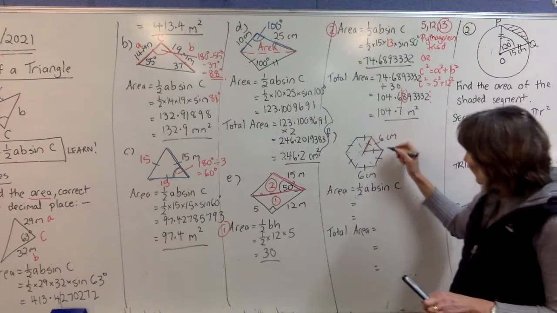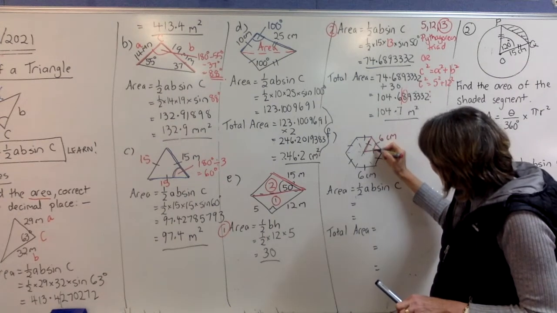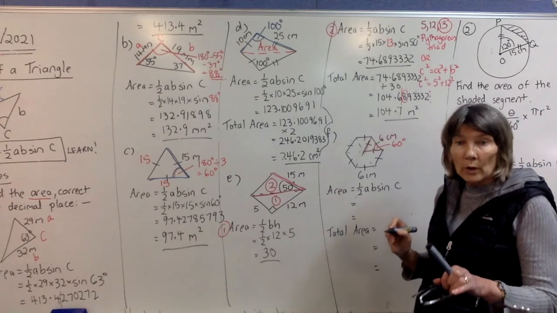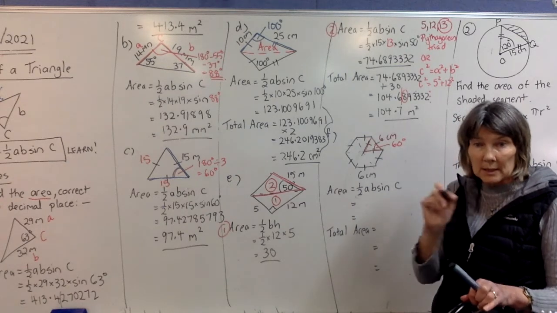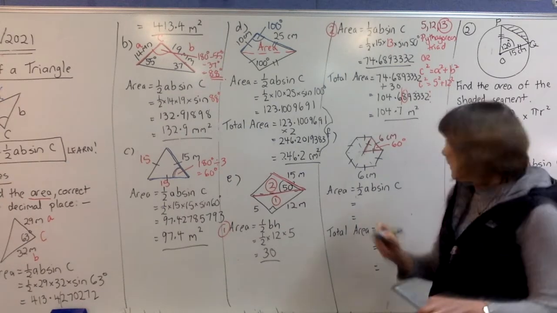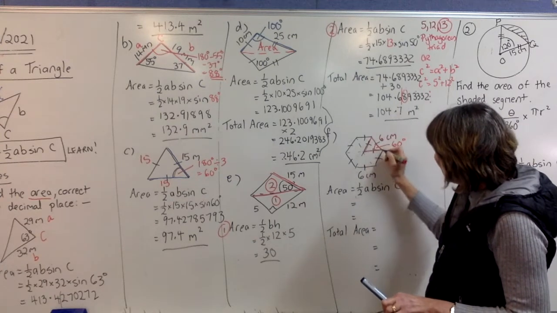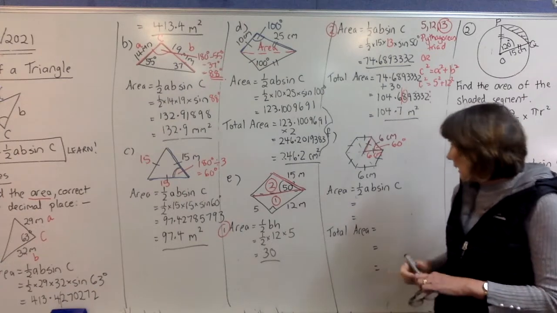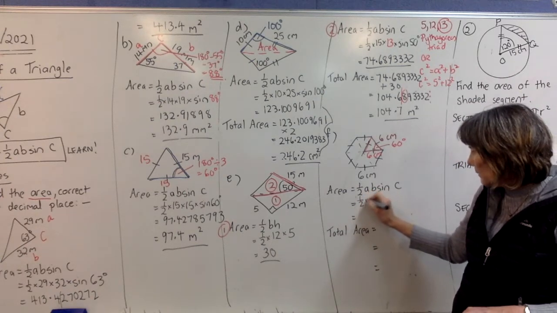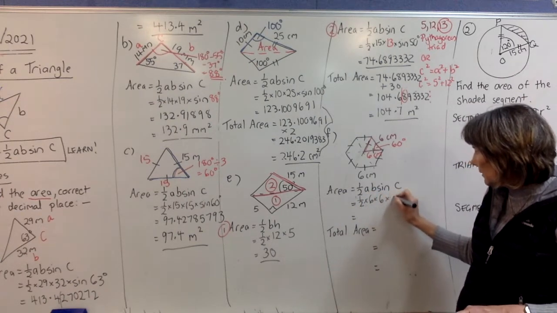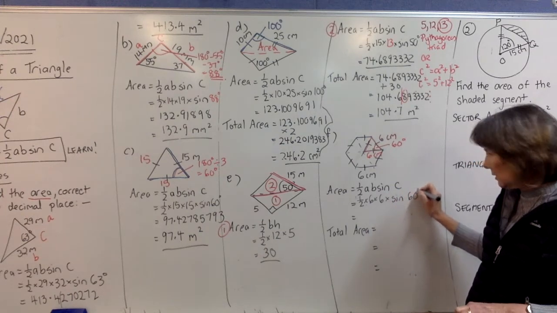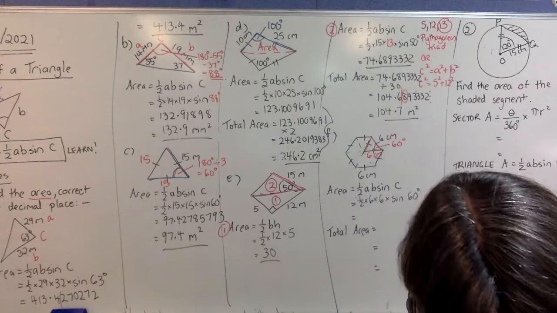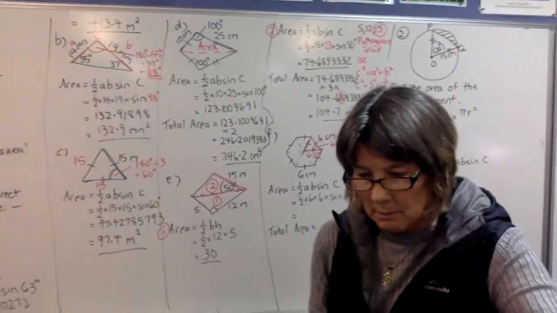So if I just focus on this angle here and say, okay, I know that's 60 degrees because all equilateral triangles will have 60, 60 and 60 to make up their 180. And these are all equal sides. So that's what I'm putting in my formula. A half times 6 times 6 times sine 60 degrees. So we're going to get our answer without any rounding and see what we end up with.